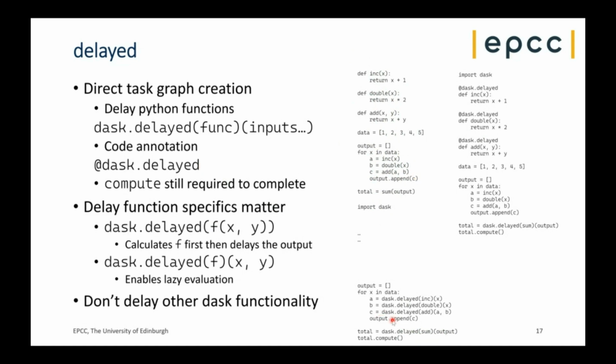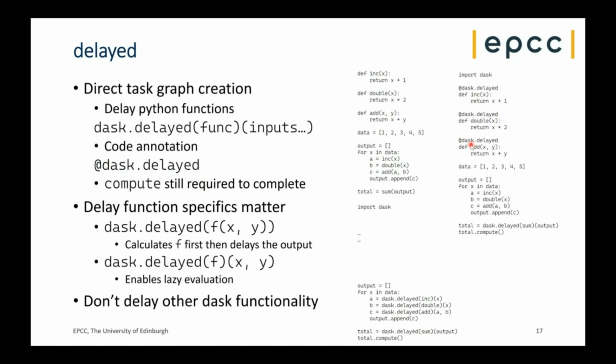Instead of putting these function calls in everywhere, because of course you've got a big code base and you'd have to put everything in as a delayed function like this, which is maybe quite a lot of work, you can actually use code annotation, some marking up of the code using this dask.delayed decorator just on the functions themselves, right?